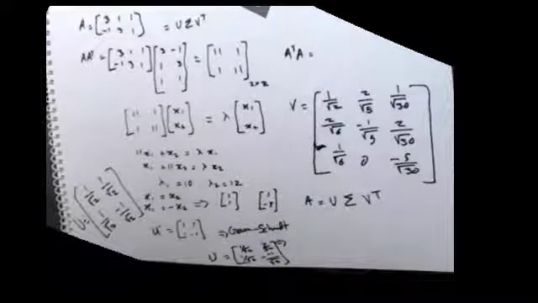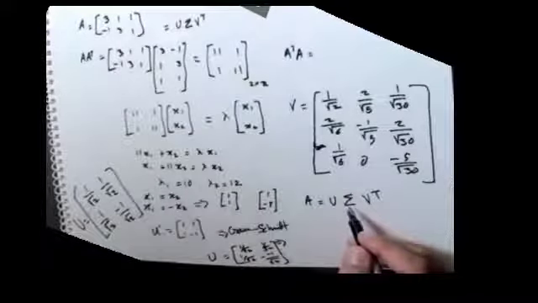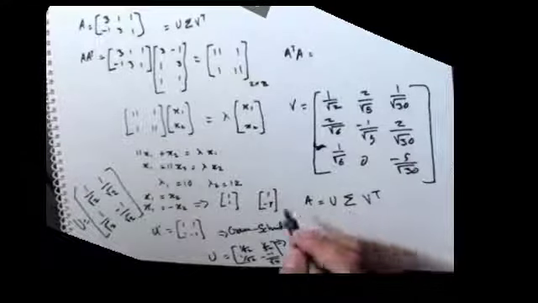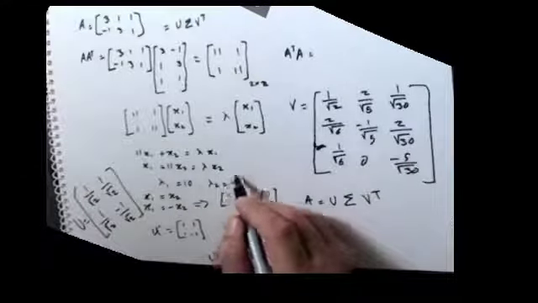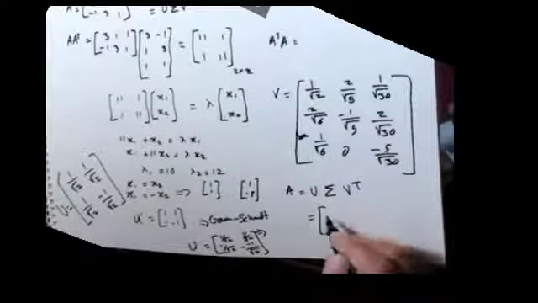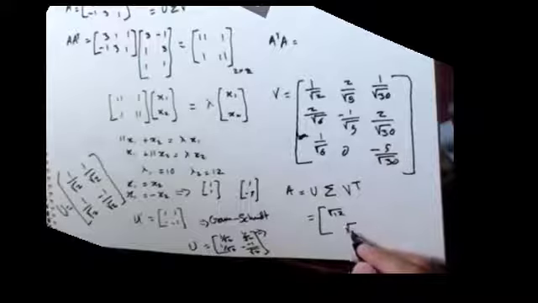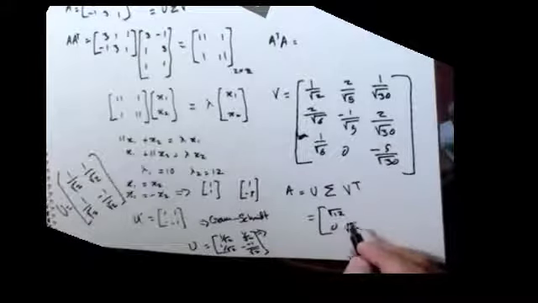But obviously they are square roots. So for singular values I'll take the under root of these two values. So my sigma is actually under root 12 and under root 10, and I have got zeros in other places.